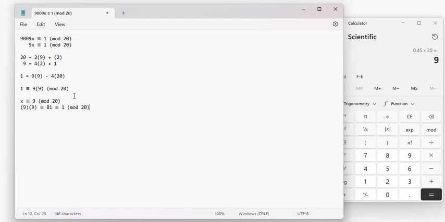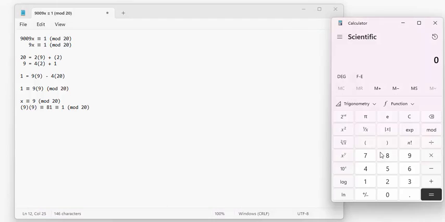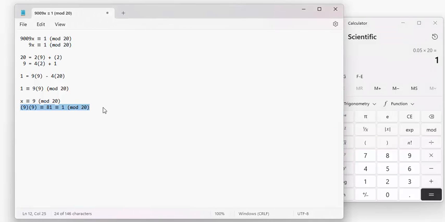We can check this using a calculator. 81, I can press mod immediately, but to help you using your calculator, divide by 20, minus 4 multiplied by 20. Yes, we get the remainder of 1, which means the solution is correct. So x is 9.